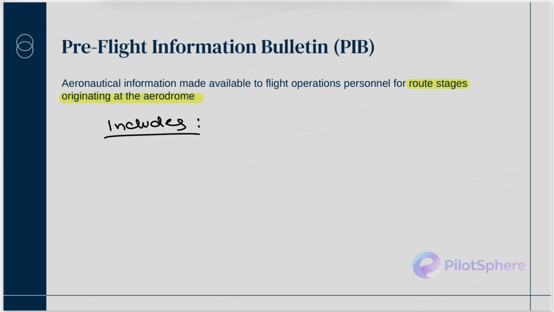Now, what does the PIB include? It will include the IAIP, so all of the information that was provided in the IAIP: the NOTAMs, the AIP, the amendments, the supplements, the AICs, as well as maps and charts, any maps and charts relevant to my particular flight or my particular route.